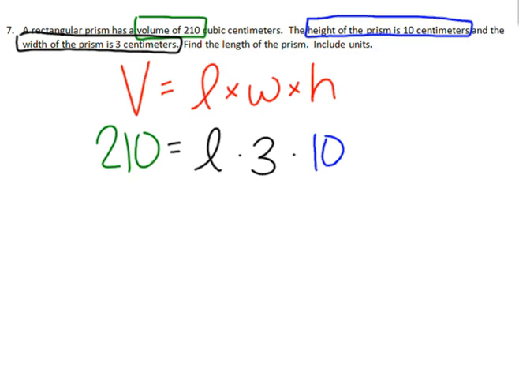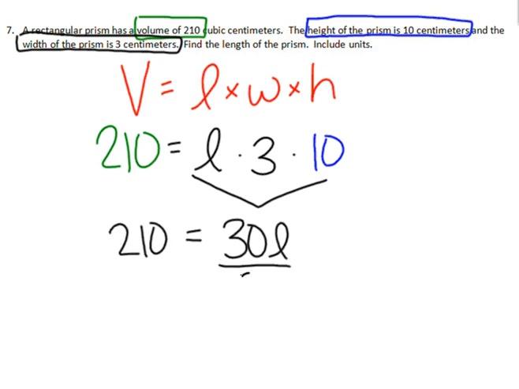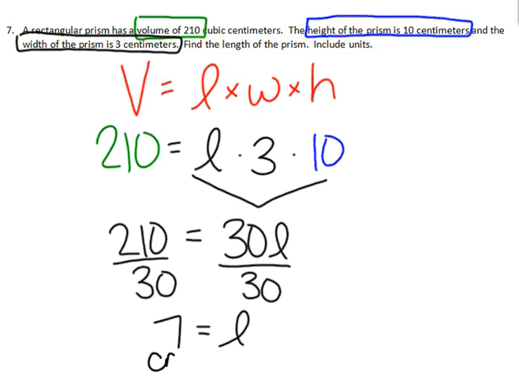And then from here, the right-hand side I can simplify to 30L, or 30 times L. And now it's just a one-step equation where we can divide by 30 on each side, and that's going to give us a final length of 7, and our units are going to be centimeters. So final answer, the length would be 7 centimeters.